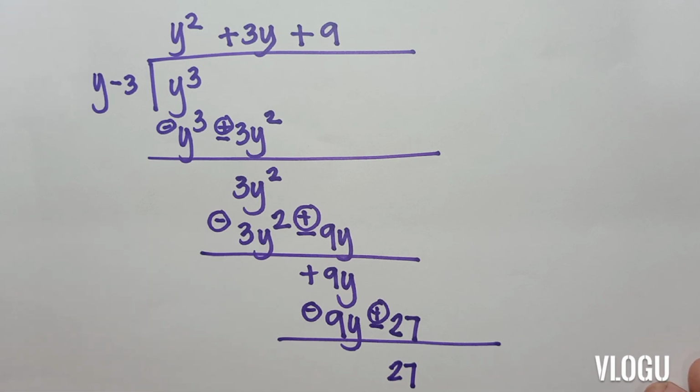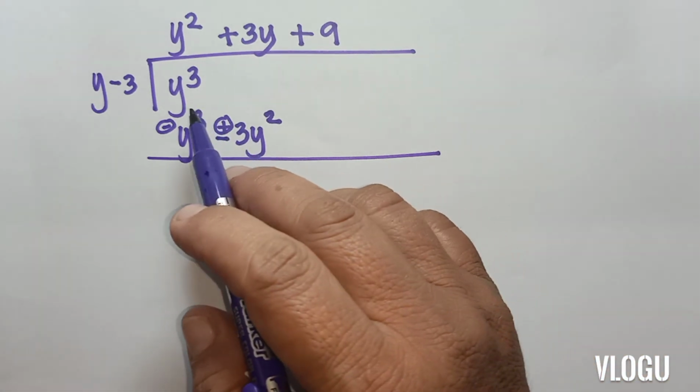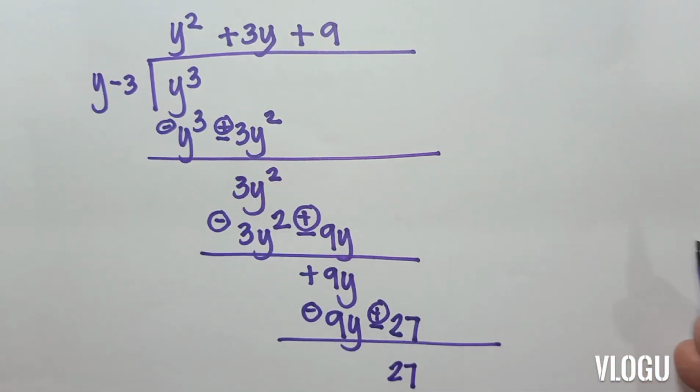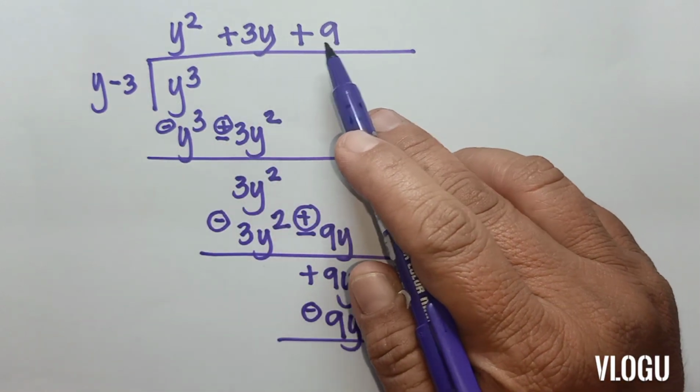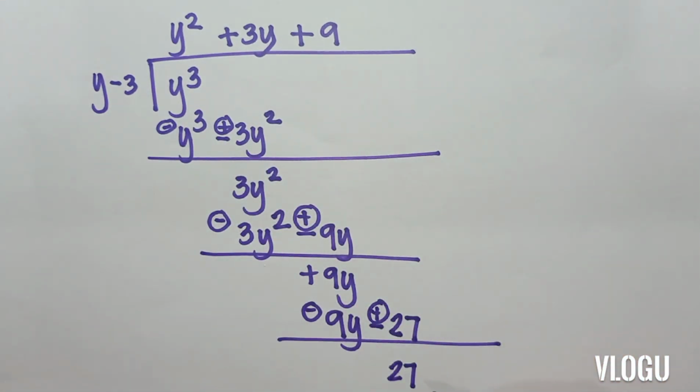So y cubed divided by y minus 3 is equivalent to y squared plus 3y plus 9, remainder 27. We are going to write this answer into our previous problem.